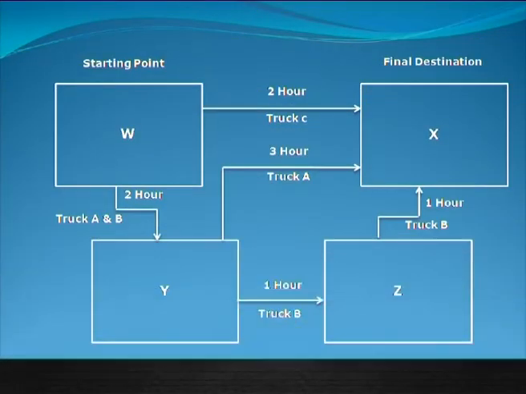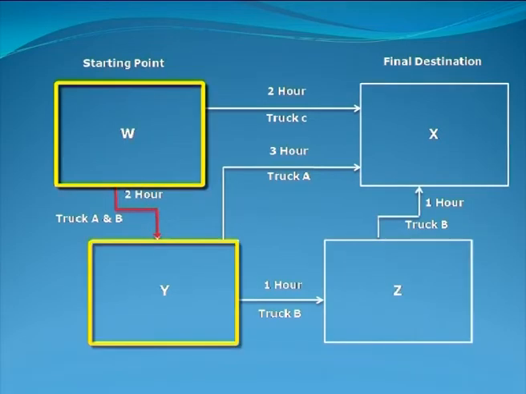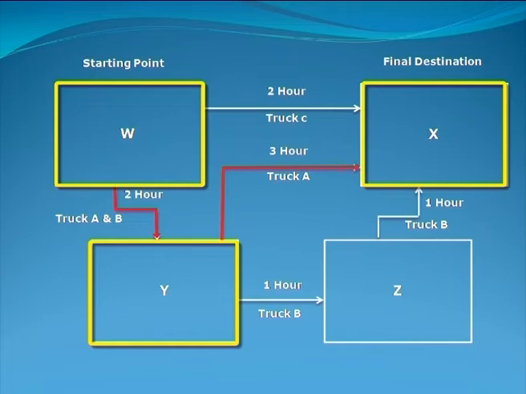For the above example, the answer is 5 hours, the time needed for truck A to leave place W and go to place Y and reach place X. Trucks B and C take only 4 hours and 2 hours respectively. Thus, truck A travelling from W to Y to X is seen as the critical path.